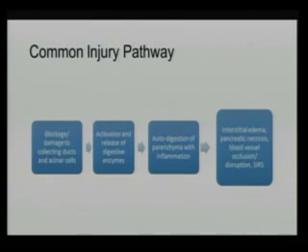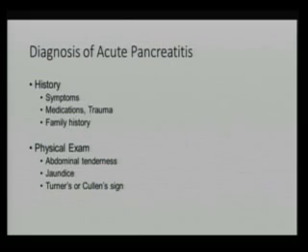Then this leads to autodigestion of the pancreas parenchyma, which leads to inflammation and production of inflammatory cytokines, and these will lead to pancreatic necrosis and blood vessel occlusion or disruption, SIRS, sepsis, and death if we don't do anything about it. This is a very oversimplified thing, okay?